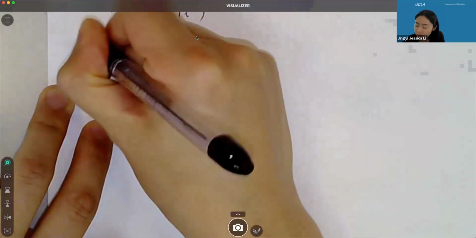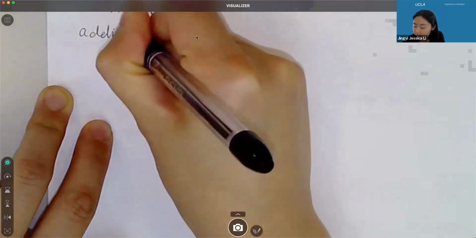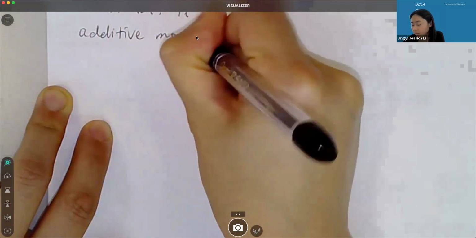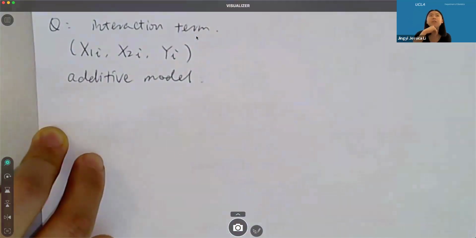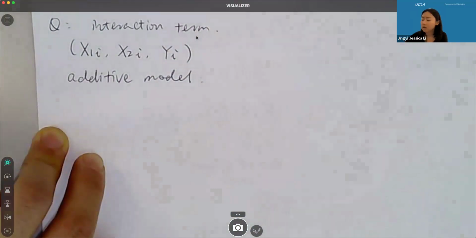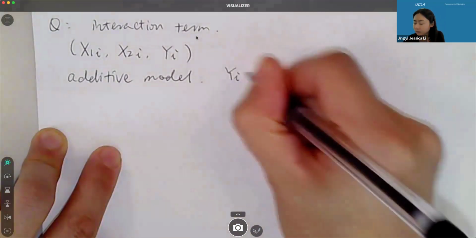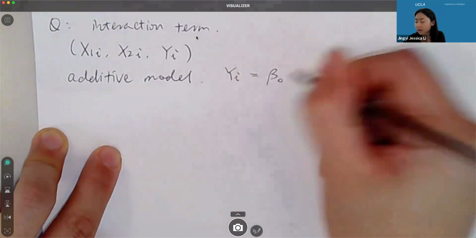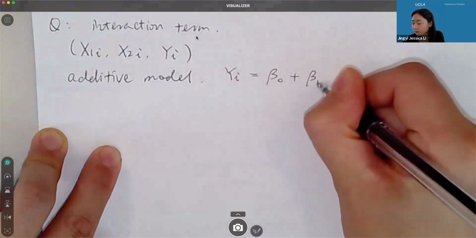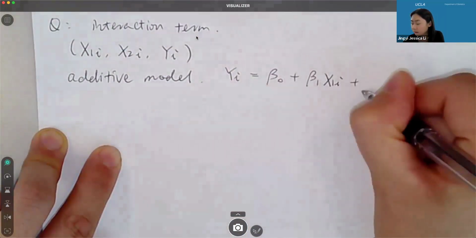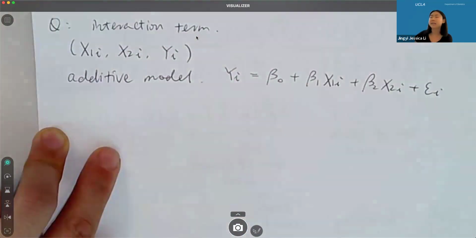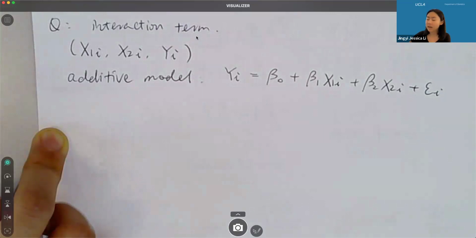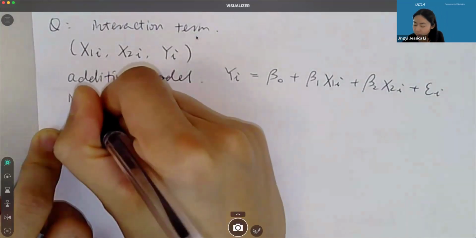One is called the additive model, in which we assume the effects of the two covariates are just additive. So in this case, the model will be written as yi equals beta 0 plus beta 1 x1i plus beta 2 x2i plus epsilon i. That's the additive model. And we could have the interaction model.